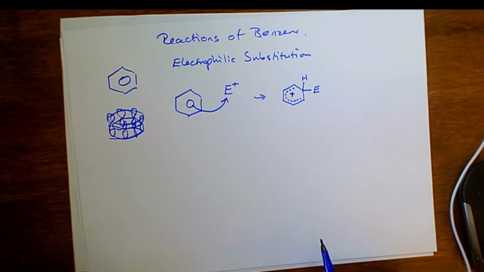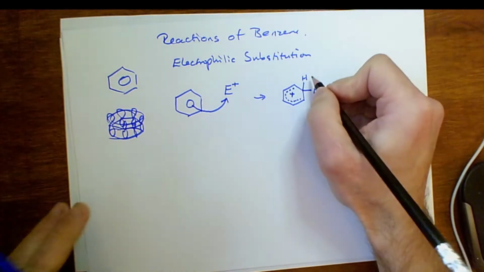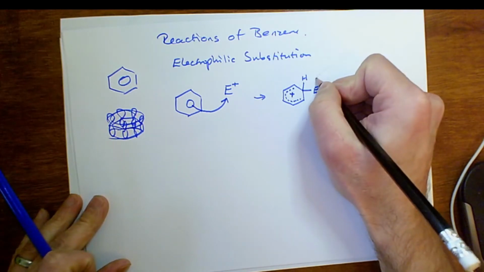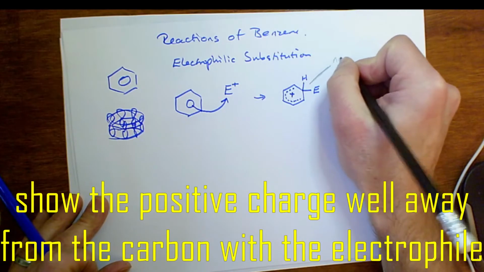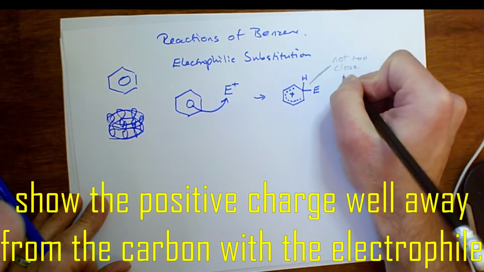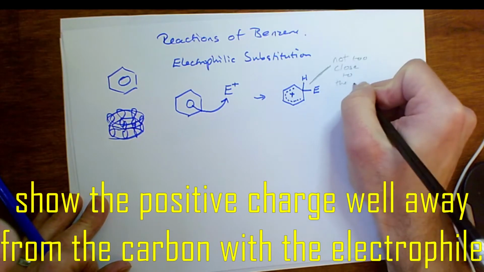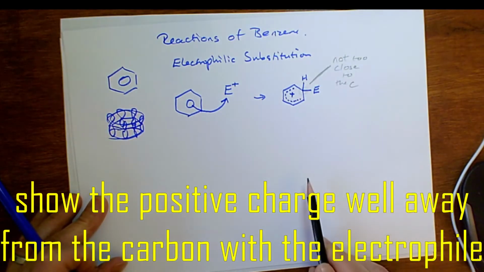Now, what I don't want anybody to do is let's do this in pencil and with a line. So our positive charge is not too close to the reacting carbon here. We don't want it shown anywhere near there.